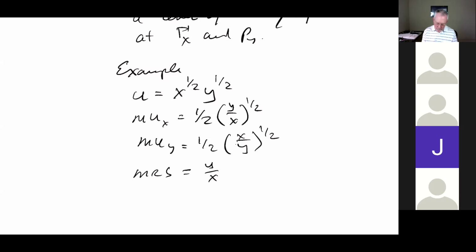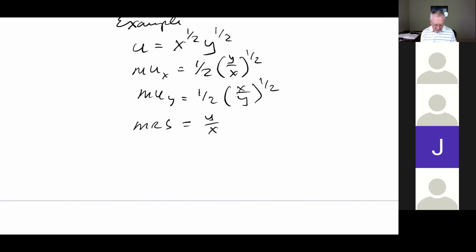Now, when we bring in the market, in this example, the individual has an income of 200 and has to pay 2 for each X and 4 for each Y.